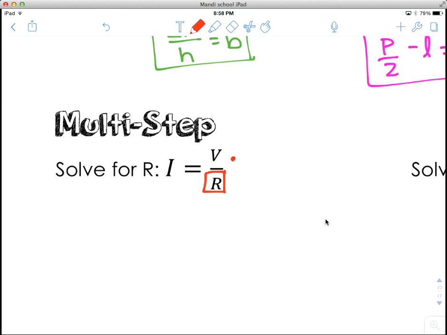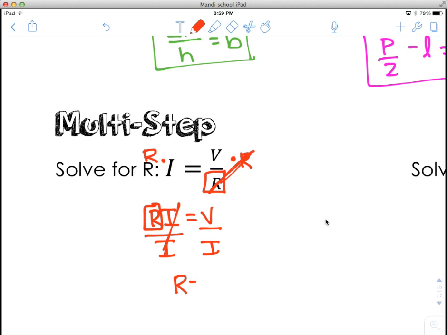So we need to take both sides times r. So that cancels out, but that's okay. Becomes invisible 1. We have r times I equals v. So here's my r. So it's r times I. So now we're going to divide by I.